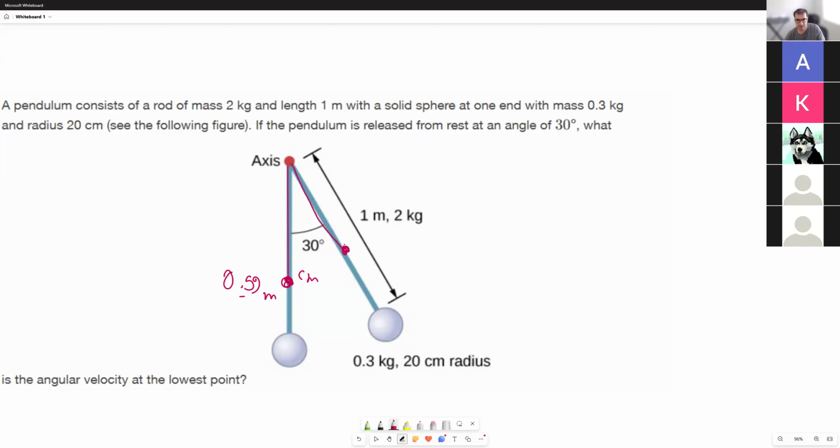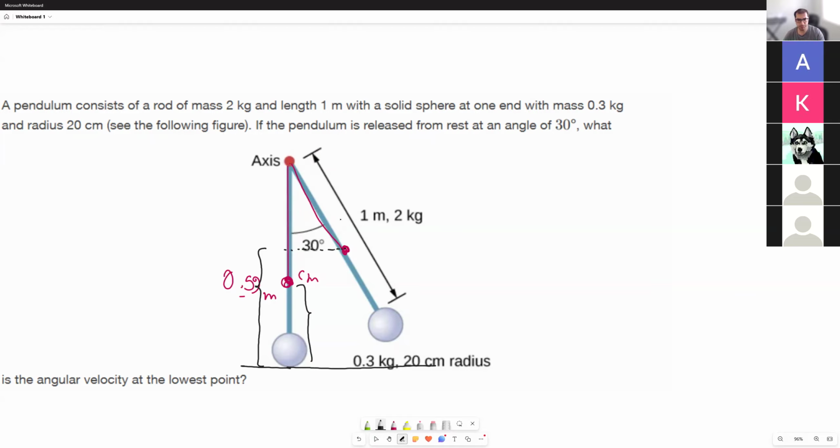If I consider 0 to be here, the original height of it is this much, and the final height of it is this much, right?